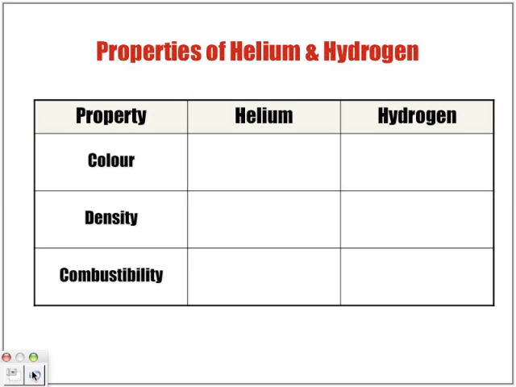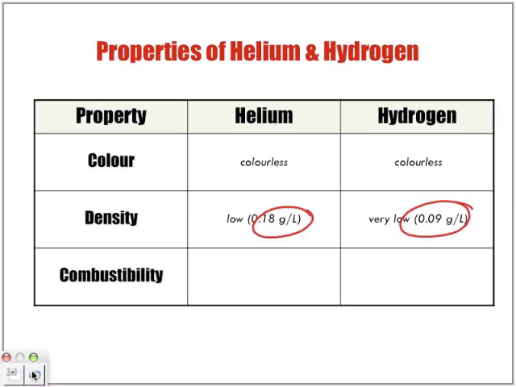Here we'll be talking about properties of helium and hydrogen. Both helium and hydrogen are colorless, but the density of helium is more than the density of hydrogen. Therefore, the hydrogen is lighter. Both the color and the density are physical aspects, but the combustibility is a chemical one.